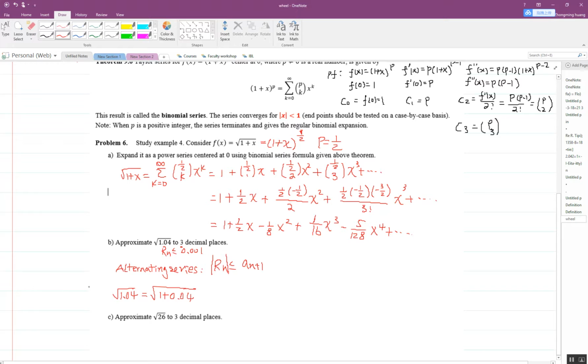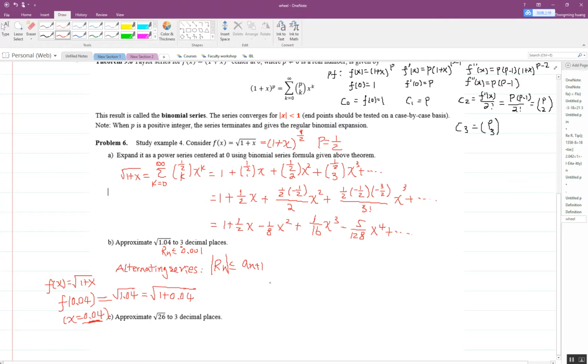And because our f of x is the square root of 1 plus x, this is the same as f of 0.04. In other words, x is 0.04. That's the information that we need.